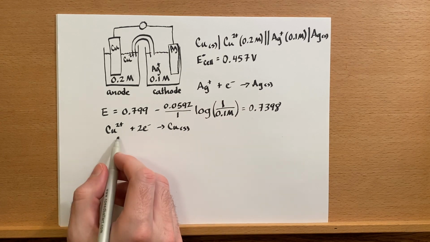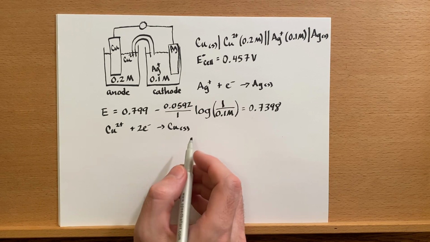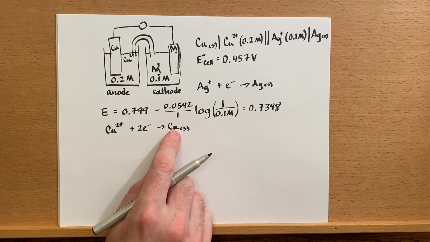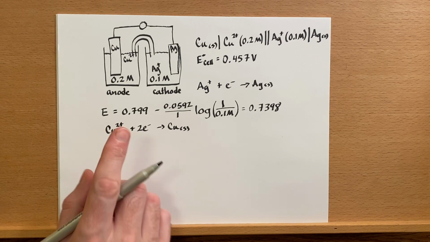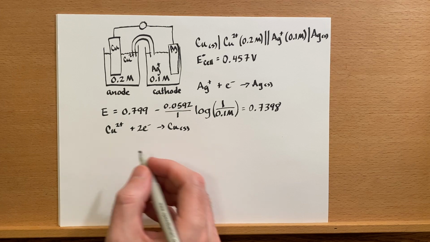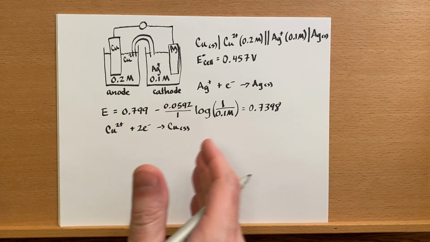So here we go. We have copper 2 plus plus 2 electrons going to copper solid. Now, again, the actual reaction that's happening is the copper solid going to 2 electrons plus copper 2 plus, but we always use reduction reactions when we're doing standard potentials. Standard reduction potential. Use the reduction reaction.